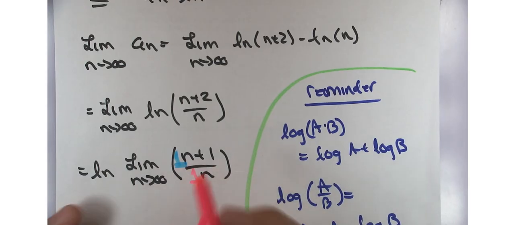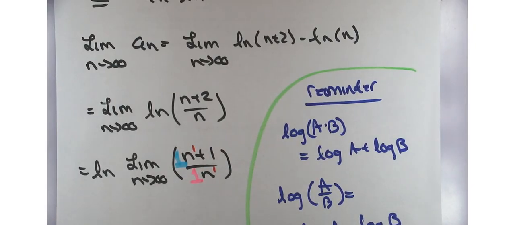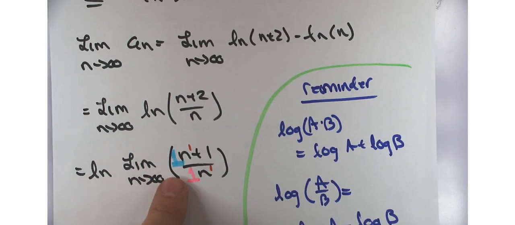Yeah, well done. Thank you. So this is n to the first power, this is n to the first power. If you've got a rational polynomial and the exponents are equal, then the ratio of the leading coefficients is going to be your limit. So what does that limit turn into?